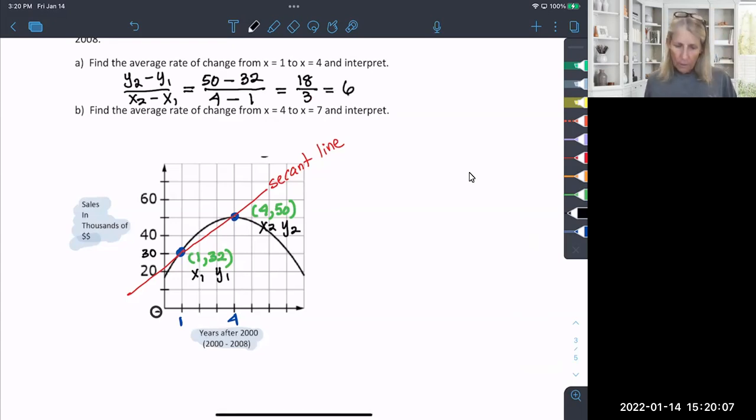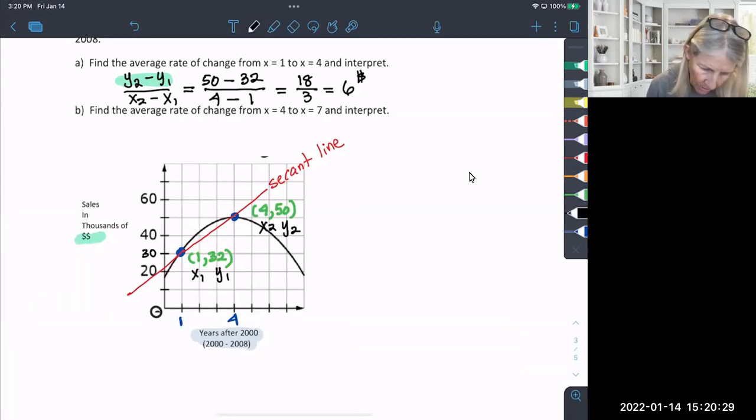Now, let's label this. These y values represent the sales in thousands of dollars. So this is sales in thousands, dollars times 1,000.